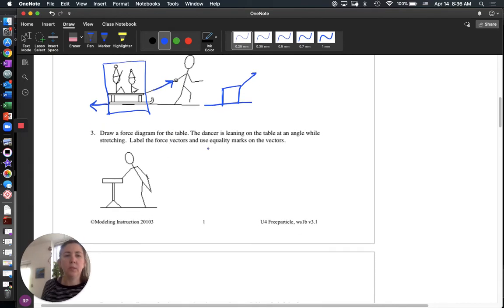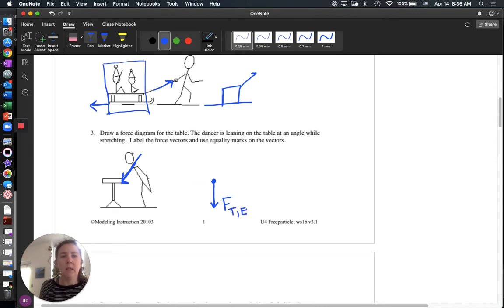I'm going to do number three. Draw a force diagram for the table. So this is our table. This dancer is leaning over on the table, so they're actually pushing downward on the table at this angle. All right, so when I draw my free body diagram, I start with a dot, and the force of gravity is an arrow that goes straight down, the force on the table by the earth.